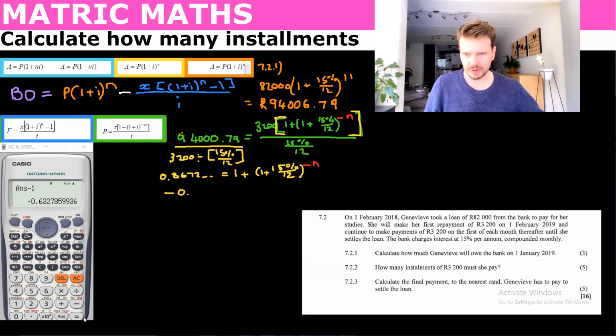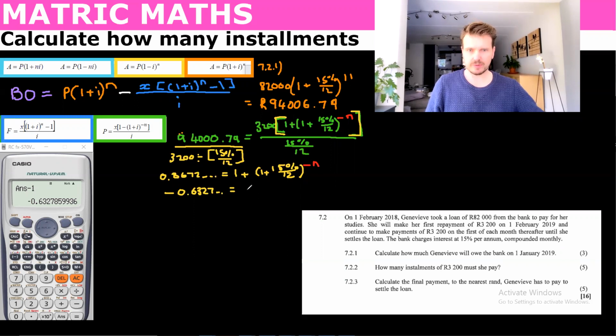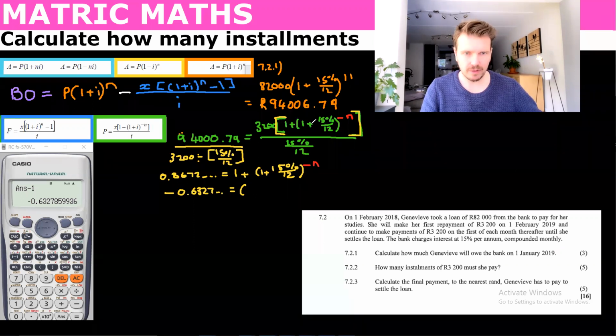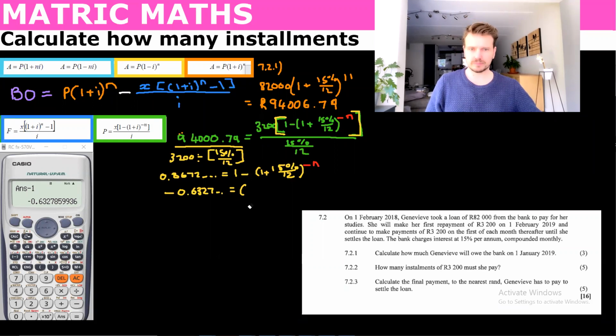negative 0.6327 equals, this P is always a minus. Just need to check that.